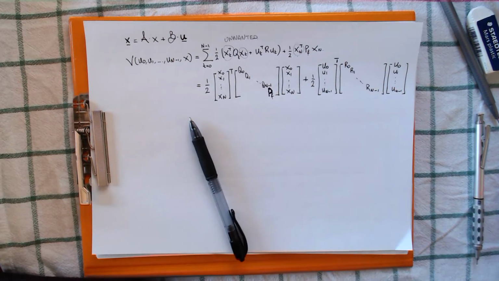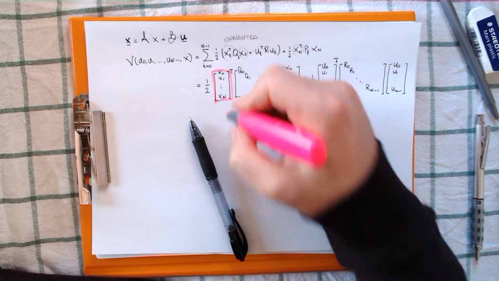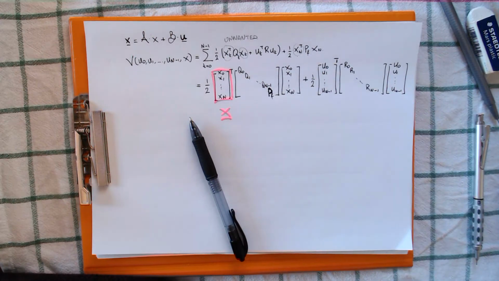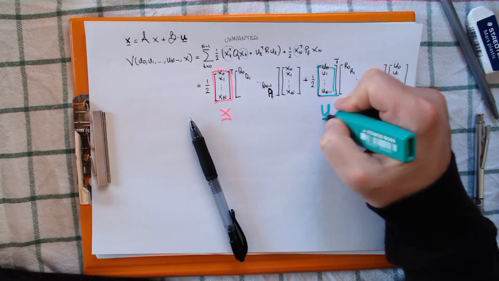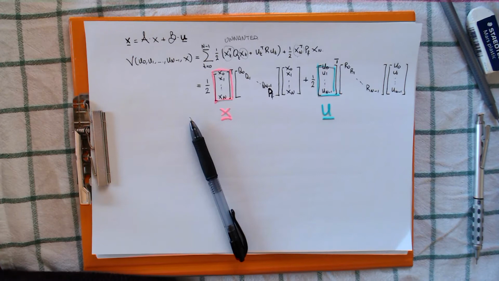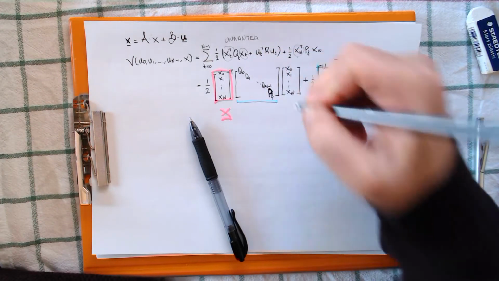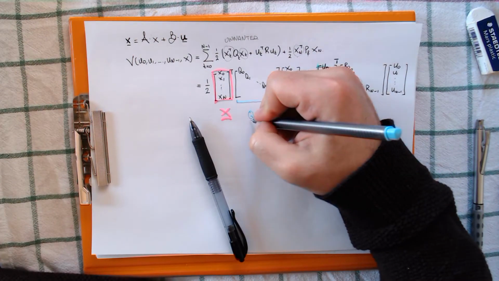Now this is x underlined, and this is just u underlined. Let's give this matrix a name. Let's call it Q underlined. I don't know.